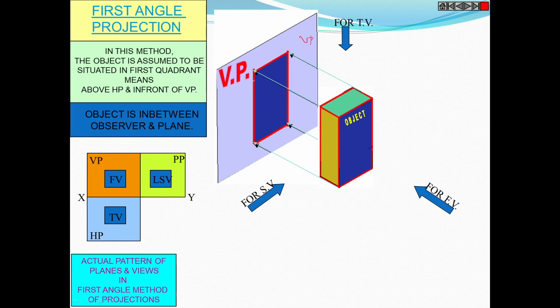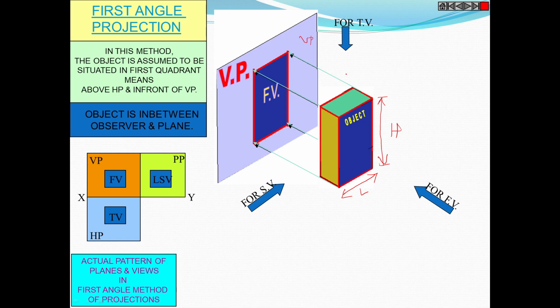On the vertical plane we get the front view of the object. Two dimensions are required for this front view: the length of the object L and the height of the object H. So this is L by H, a rectangular shape for the front view of the object.